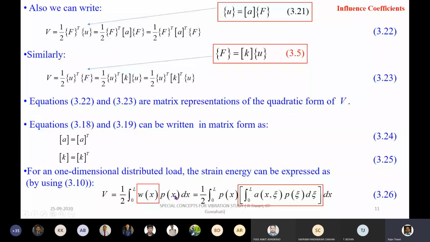Now this particular W we wrote earlier like this. We define W with the influence coefficient like this. So W I'm writing as the integration of the flexibility influence function and the force. So this is the potential energy, which will have a double integration.